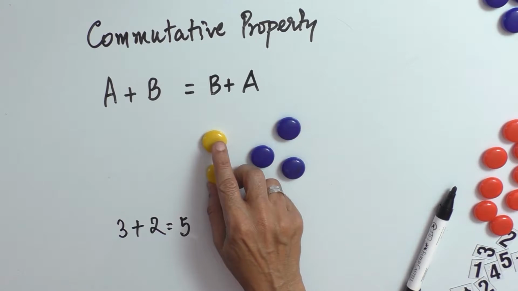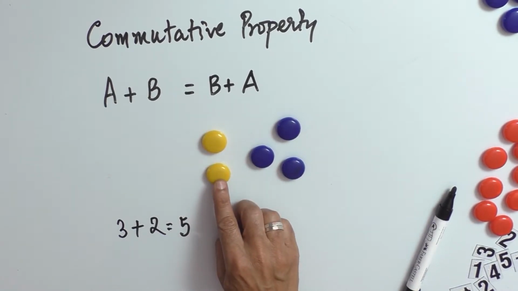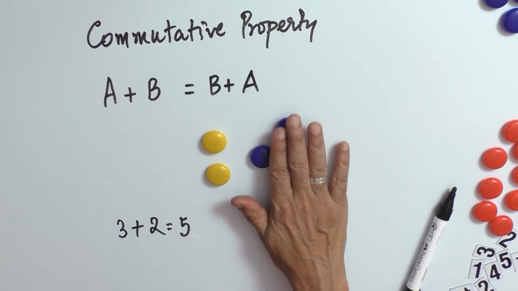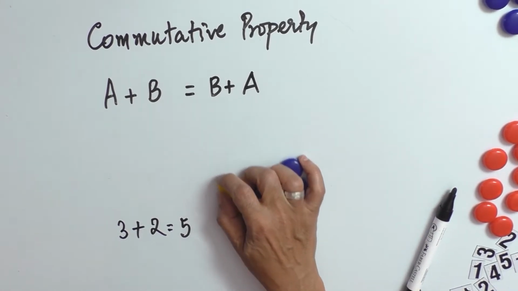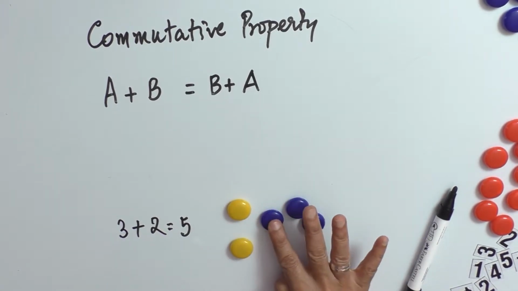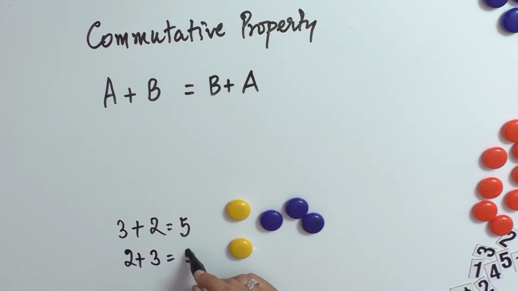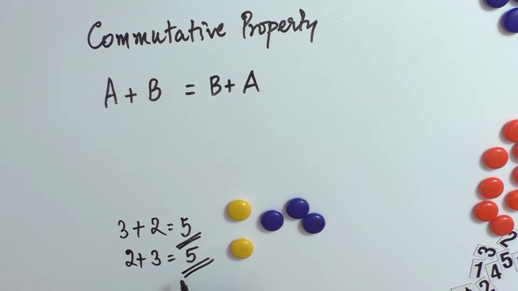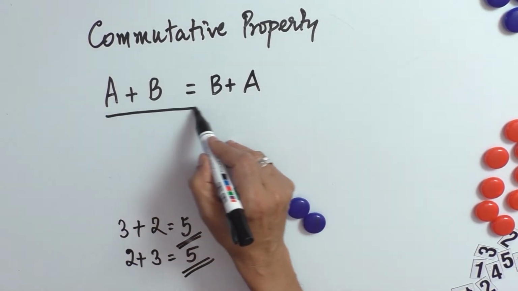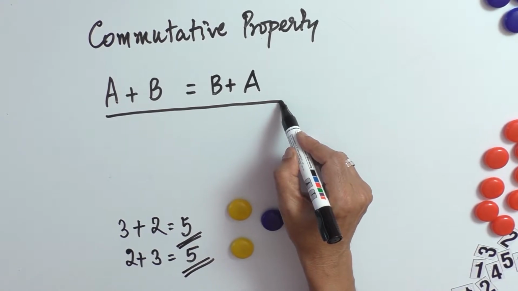Now, we take B first, that is 2 numbers, add it with A, that is 3 numbers, put them together, you count 1, 2, 3, 4, 5. That means 2 plus 3 equals 5. Right? So, this satisfies the equation that A plus B equals B plus A.